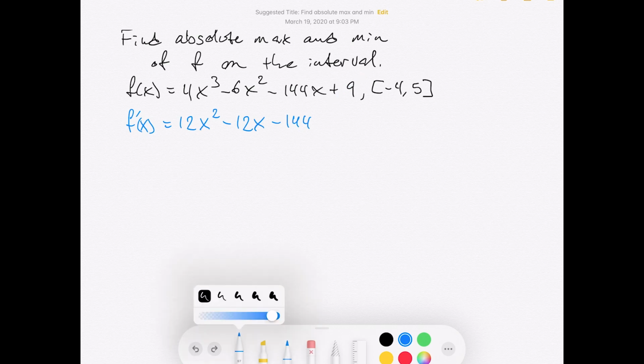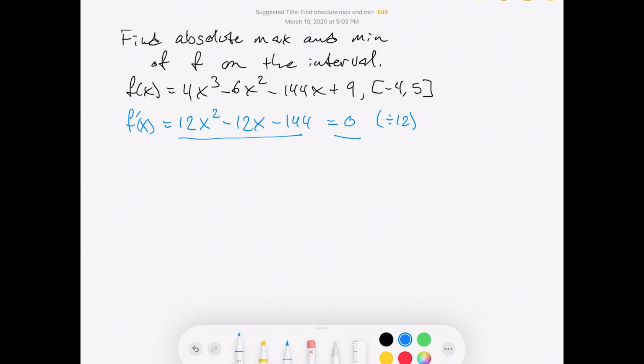Great. Now we want to take our first derivative and set it equal to 0. I'm going to divide this entire equation by 12. I'm left with x squared minus x minus 12, still equal to 0. And then we need to solve this, so let's factor. x minus 4 times x plus 3 is equal to 0.